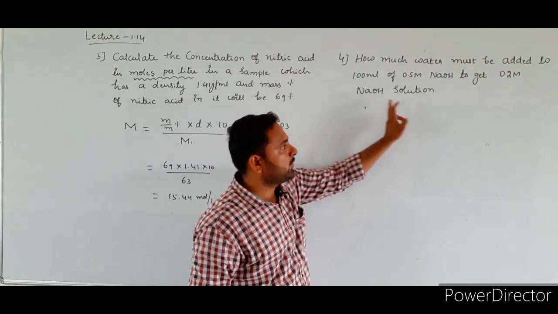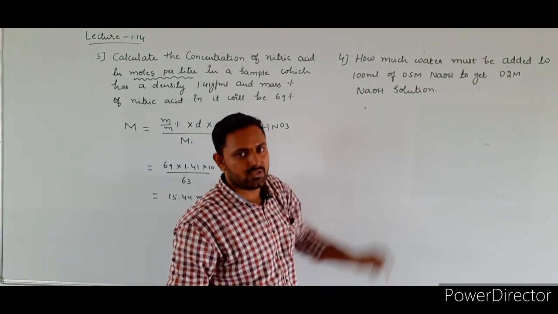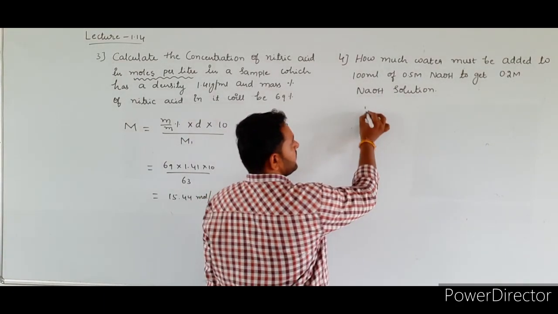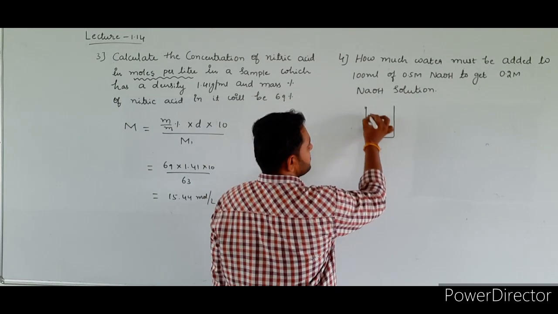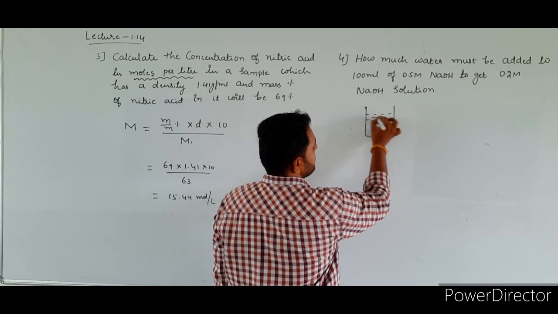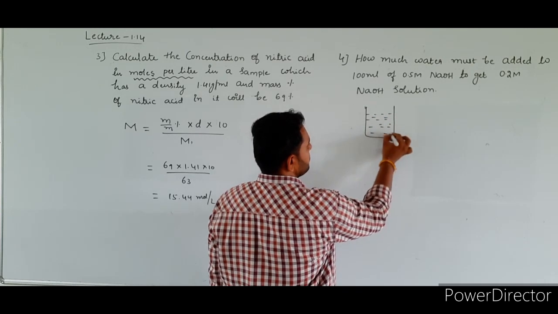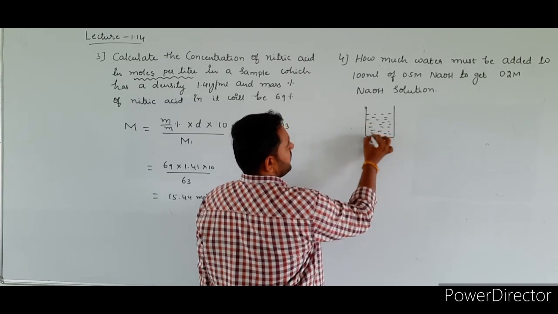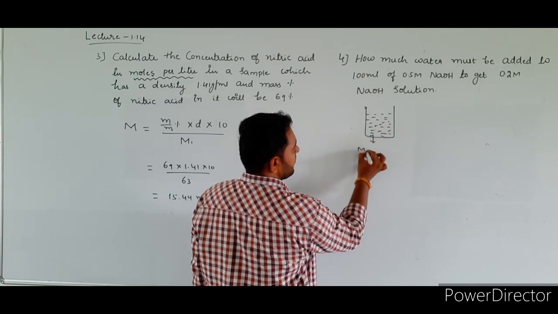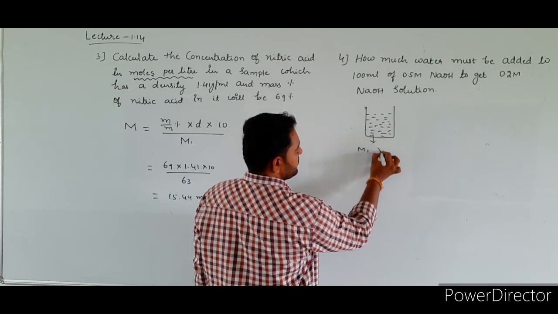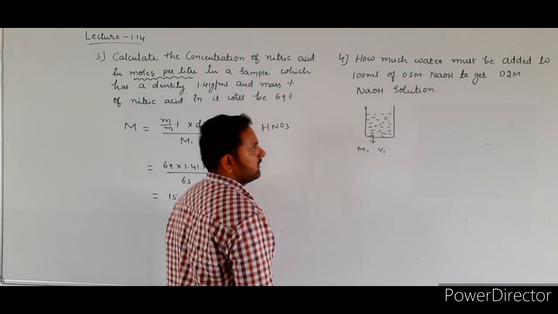Fourth numerical: how much water must be added to 100 ml of 0.5 molar NaOH to get 0.2 molar NaOH solution? See here, in one beaker the NaOH solution is taken. In this solution, the molarity is M1 and the volume of solution is V1.